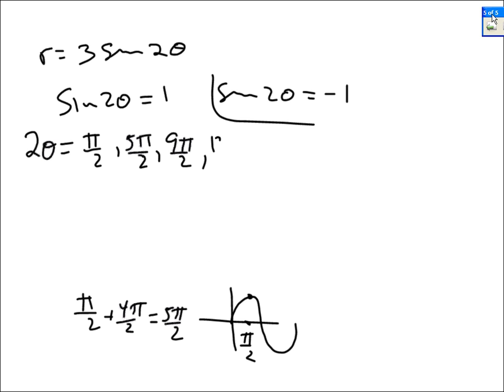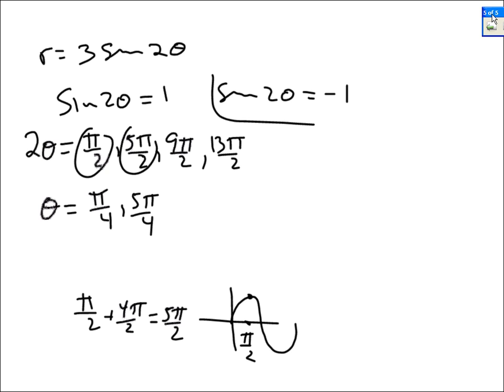Add 2 more pi, you get 13 pi over 2. Well, now when you divide by 2, you get pi over 4, 5 pi over 4, 9 pi over 4, 13 pi over 4.